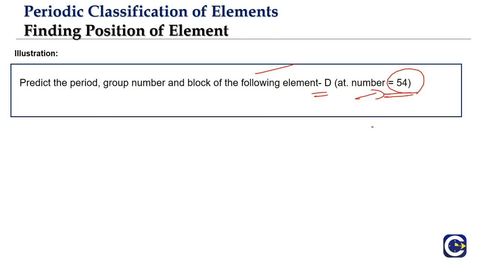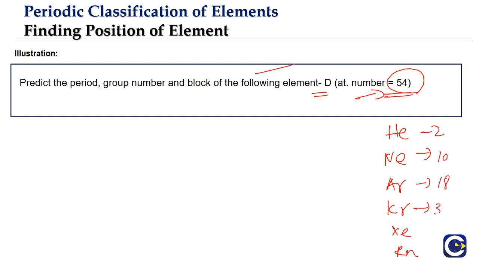That is, if we know the atomic number of the inert gases. What are the inert gases? The elements sitting in the right extreme. Helium, neon, argon, krypton, xenon and radon. Helium atomic number 2, neon 10, argon 18, krypton 36, xenon. What is the xenon atomic number? It is 54. That is what I was asking.